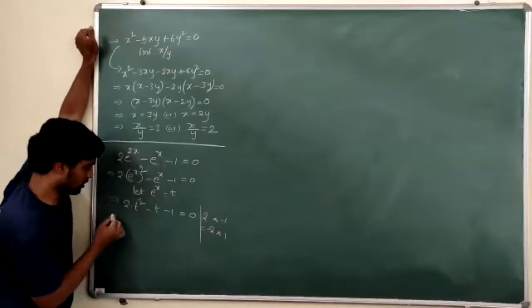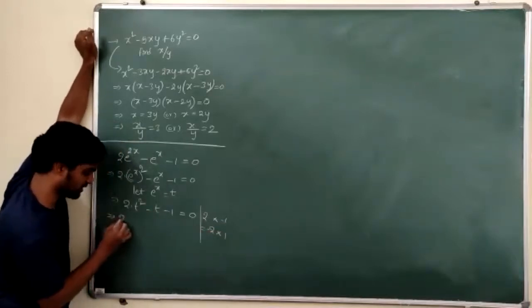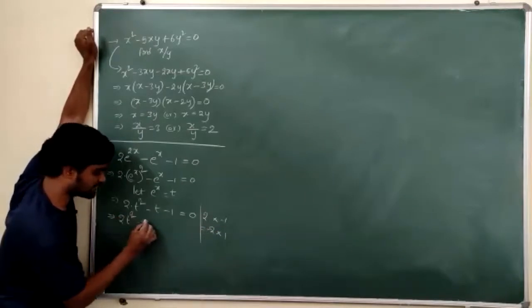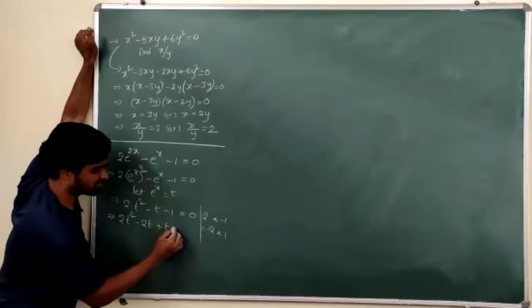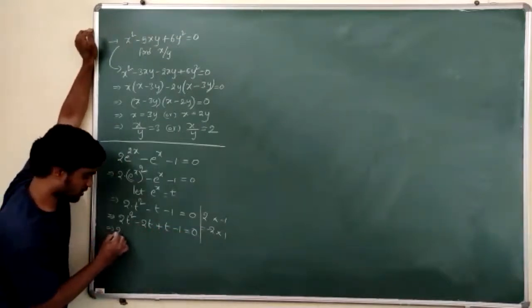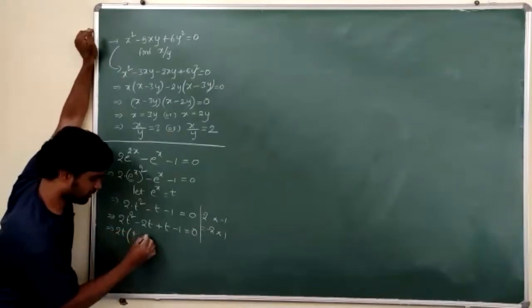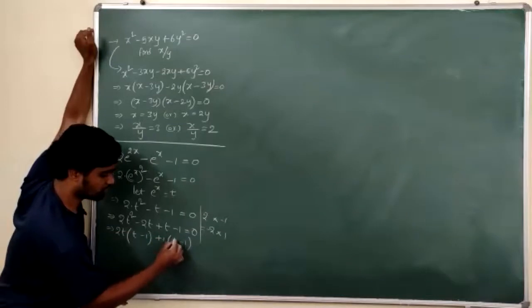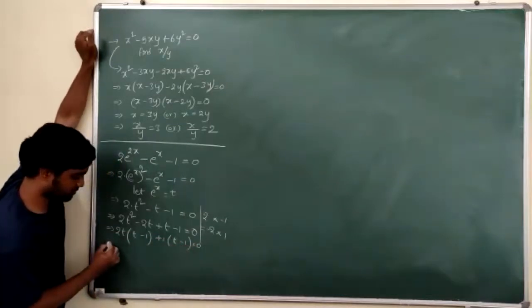So I'm going to use these two numbers for the factorization. 2t square minus 2t plus t minus 1 is equal to 0. So 2t of t minus 1 plus 1 of t minus 1 is equal to 0.